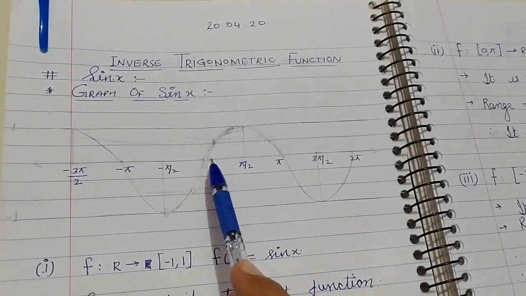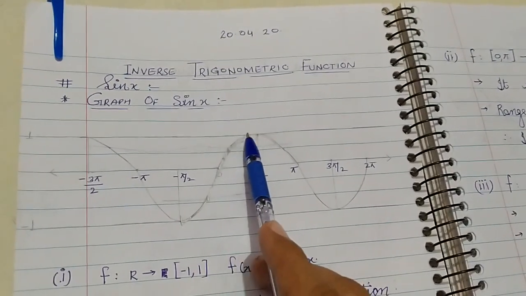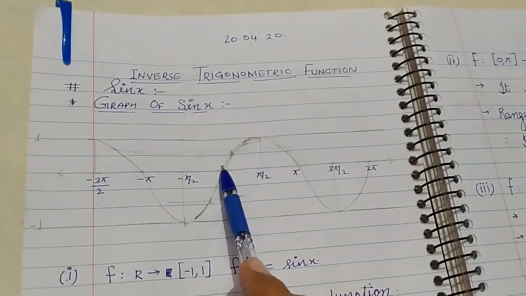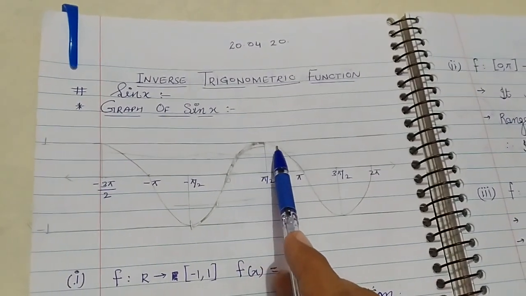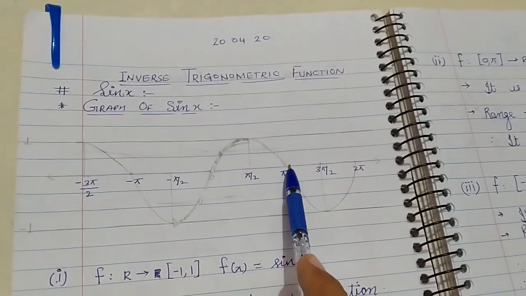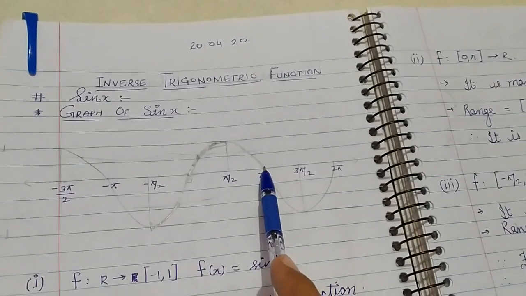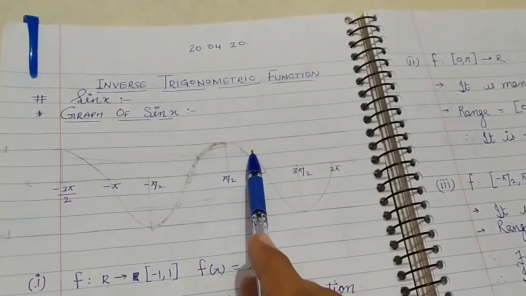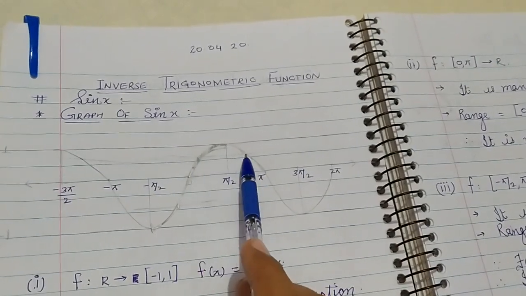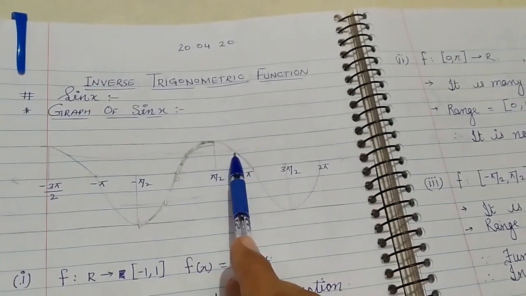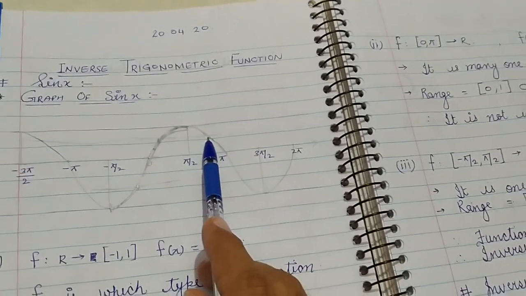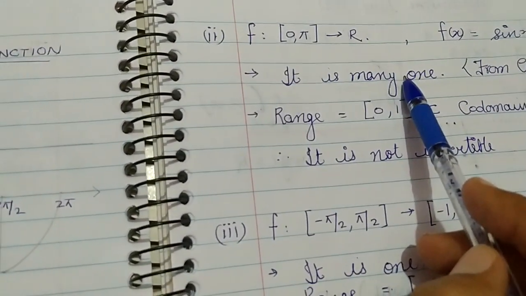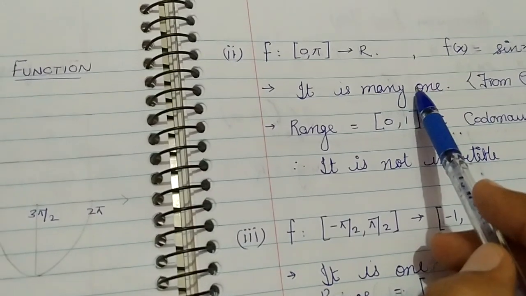Here we consider only this portion of the curve, that means a single dome. Again, using the horizontal line test, if we draw a line parallel to the x-axis, it intersects the curve at 2 points. Therefore the given function is many-one.